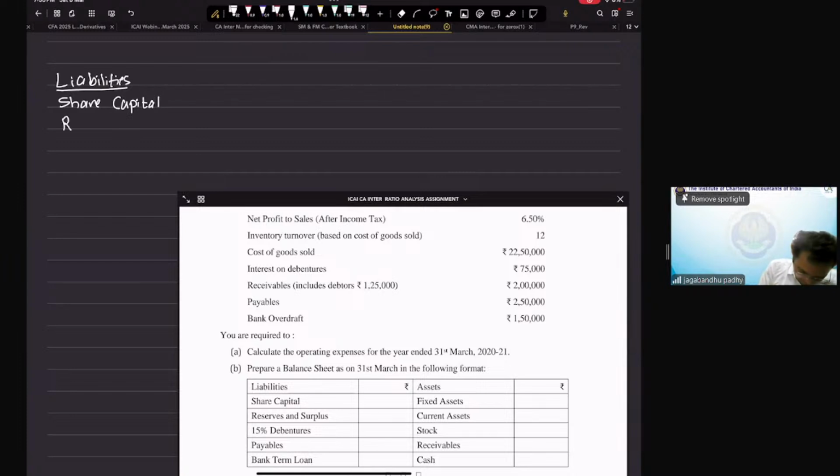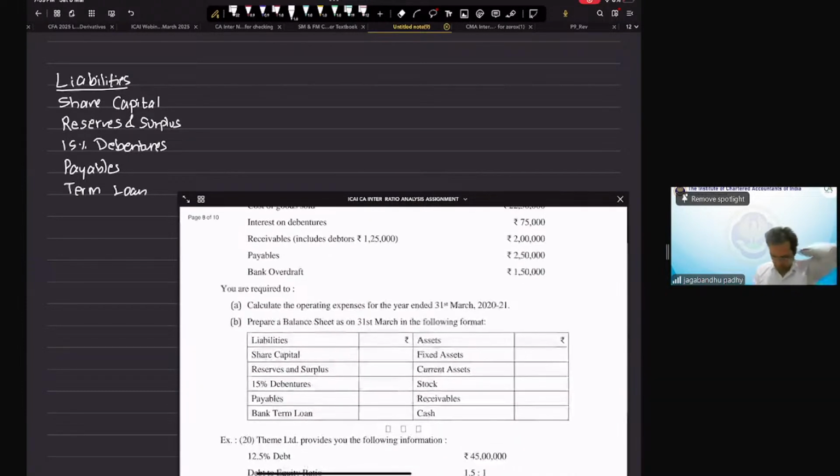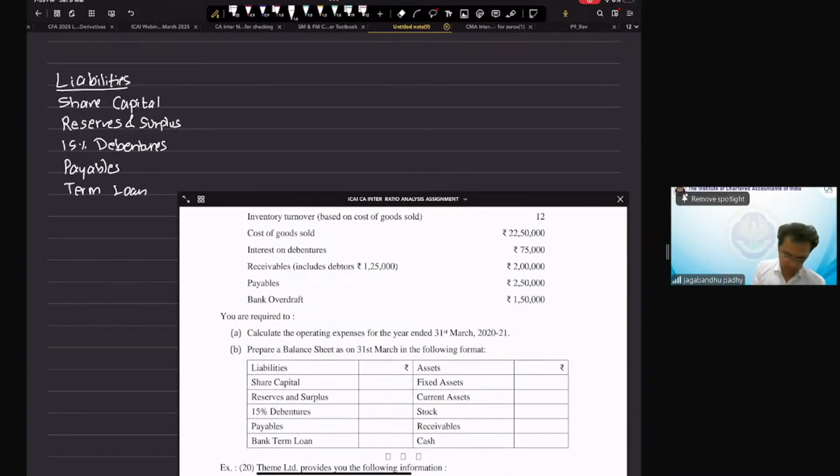Then we have reserves and surplus, 15% debentures, payables, and then we have the term loan. The items of liabilities.